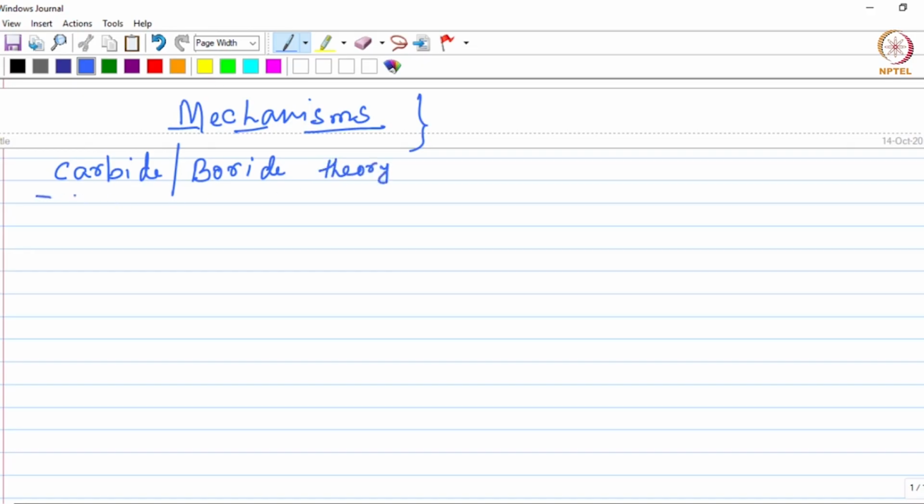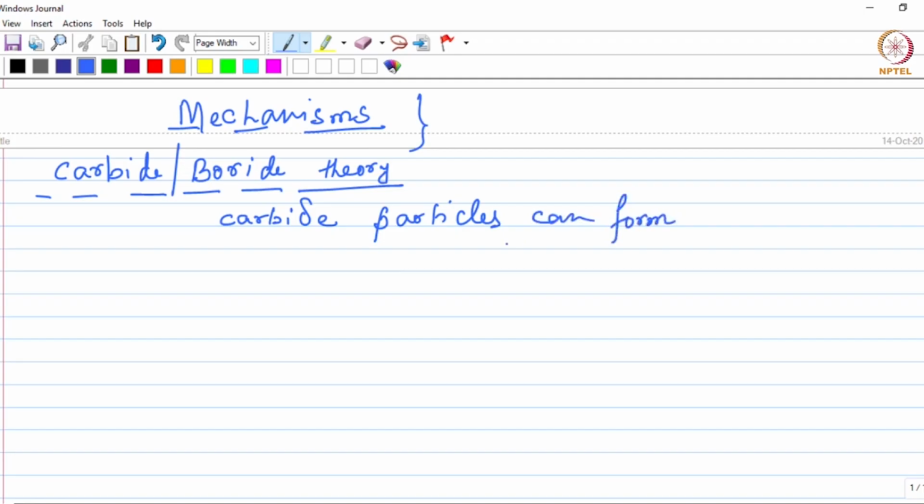So this basically says, as the name suggests, that some carbide particles can form in presence of titanium in the liquid metal, and those will act as the heterogeneous nucleation surface. So if you have titanium, then titanium carbide will form even without the addition of carbon externally.